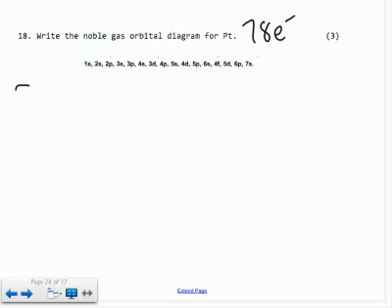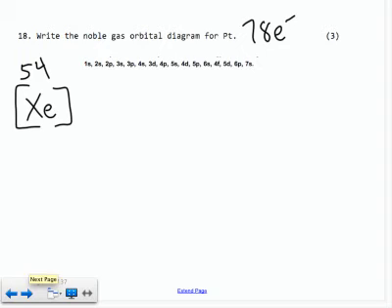We're starting with xenon, which is element number 54. The next thing in the sequence, if you look at platinum, it's in the 6th row, so it's going to be 6s with 2 electrons. Look up here, after 6s, the next sublevel is 4f.